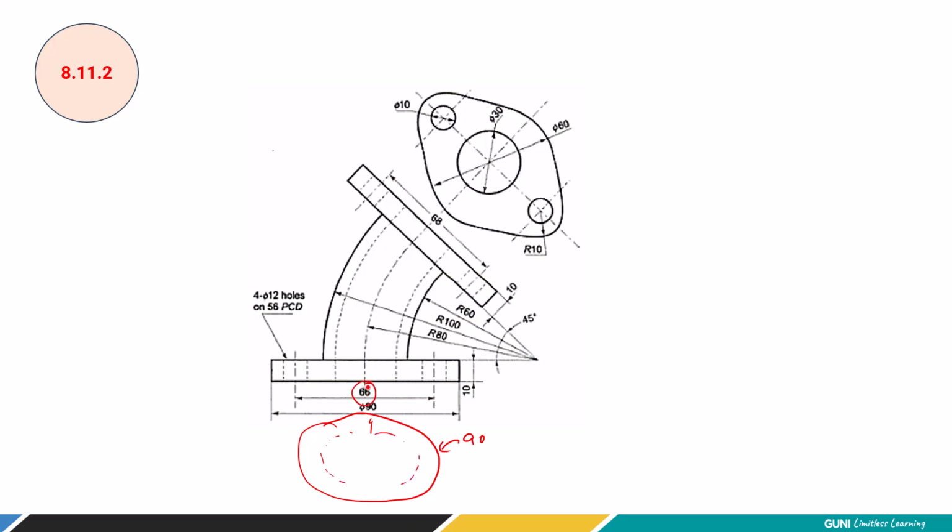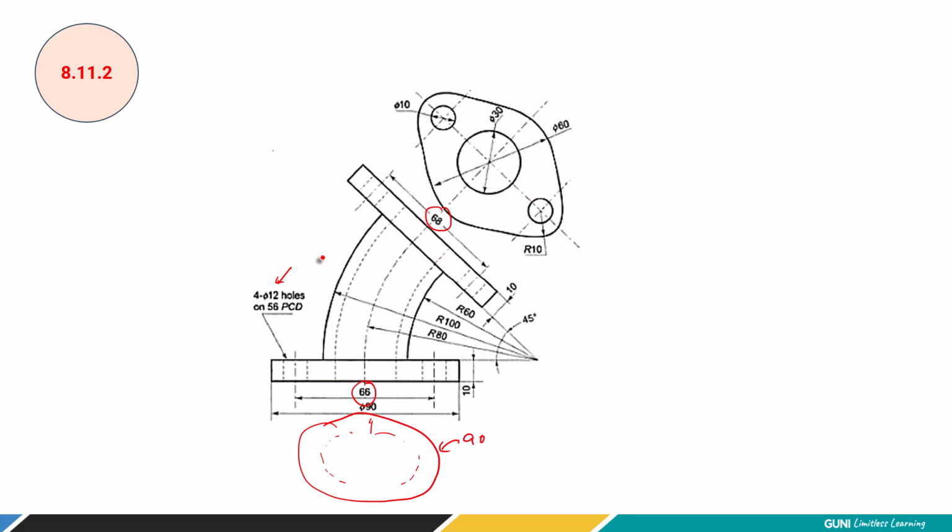So do not confuse this 66 with the 68. Both ends are different. This is circular and this is like a pipe end flange shape. So here we have 4 holes of 12 size and here we have 10 millimeters.